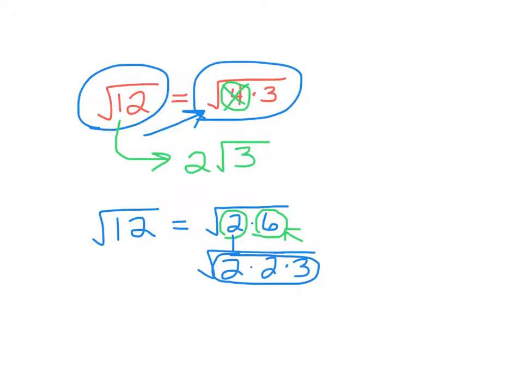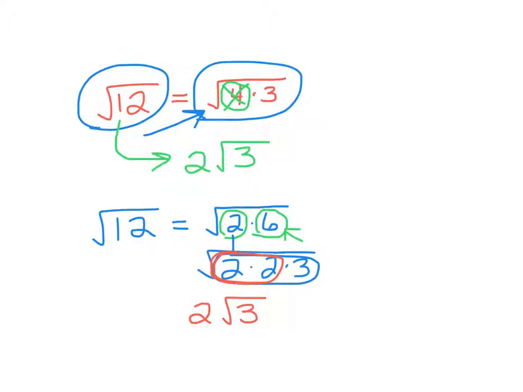Well, now, when I have 2 times 2, that 2 times 2 is equal to 4. So the square root of 4 is equal to 2, which I can bring to the outside, and I'm still left with the 3 underneath the radical sign.